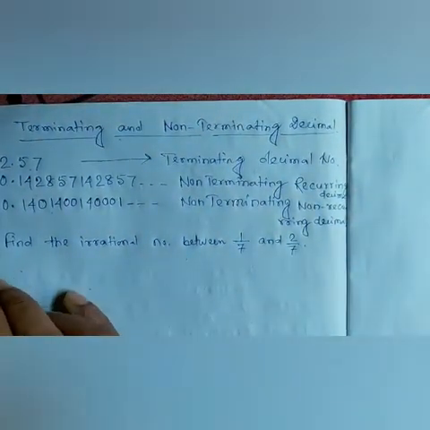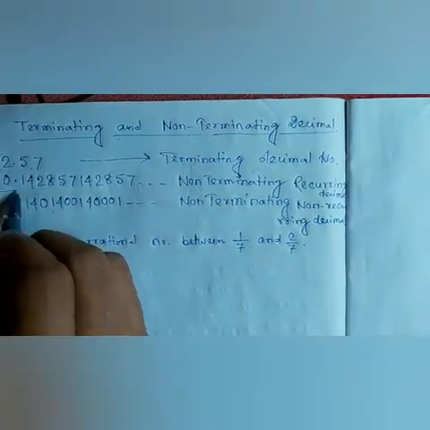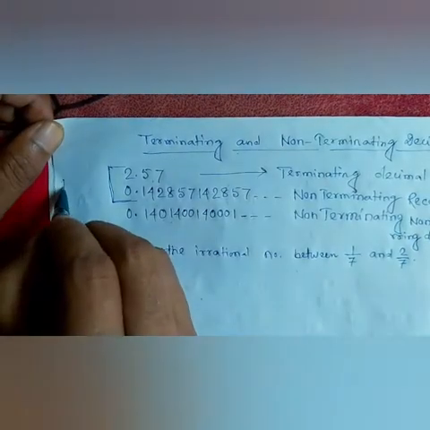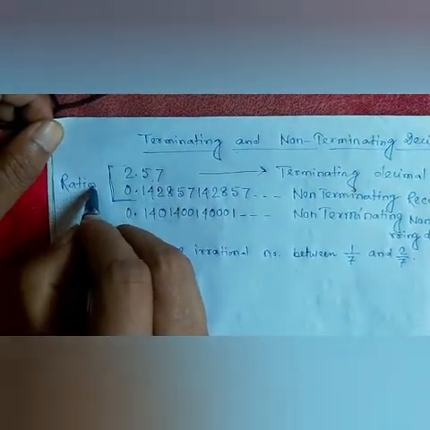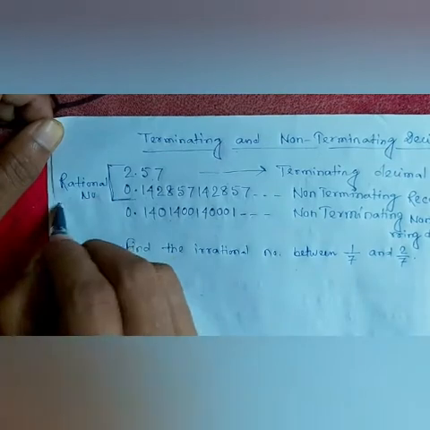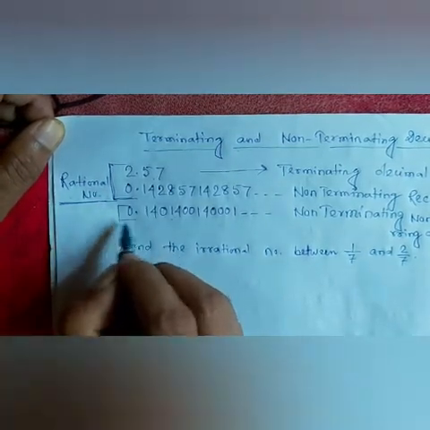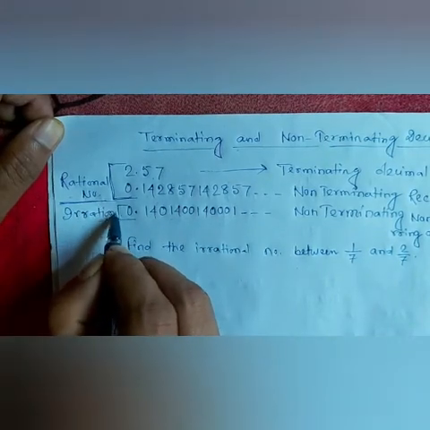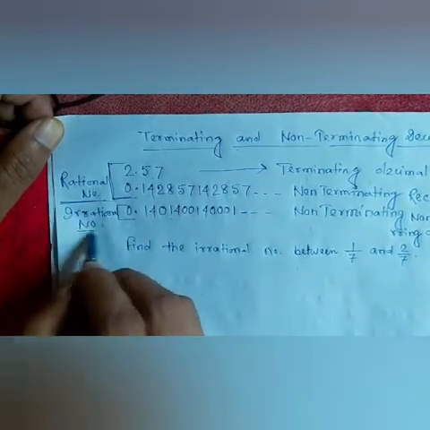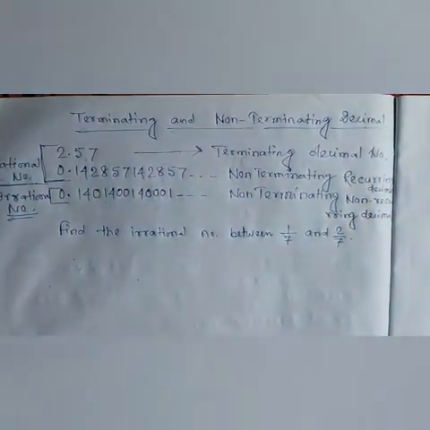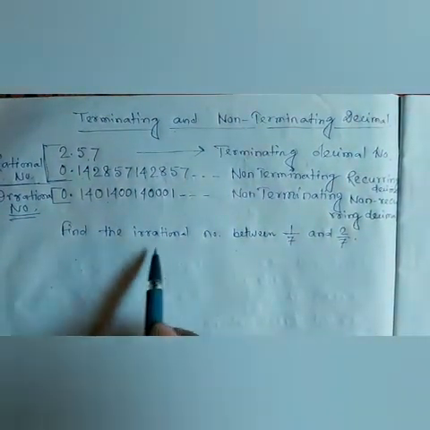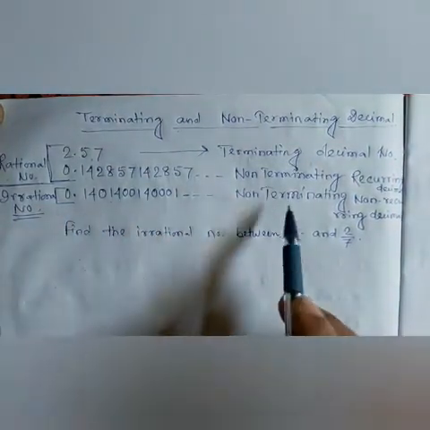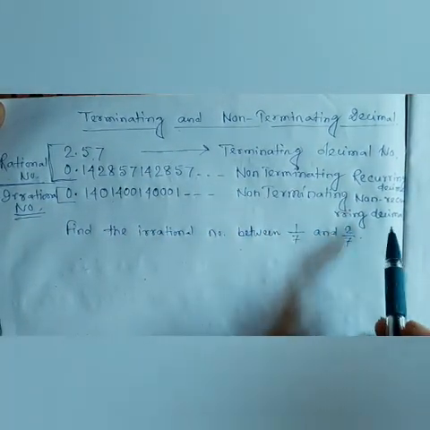Here these two numbers are rational numbers, and this number is an irrational number. So we have to find an irrational number, that means a number like this. Irrational number means a non-terminating and non-recurring decimal.